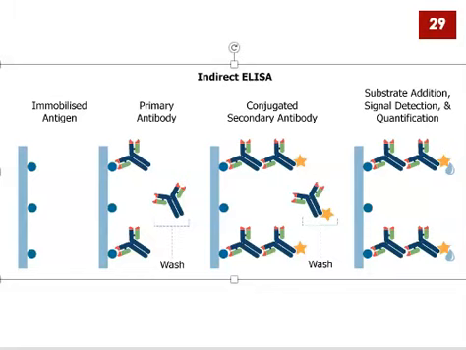Now here's where the secondary antibody comes in. And the secondary antibody is actually provided in the test kit. It's an antibody that's going to tell us if there's other antibodies present. It's an antibody that will bind not to the antigen, but to another antibody. And that's what they're showing us in the picture.